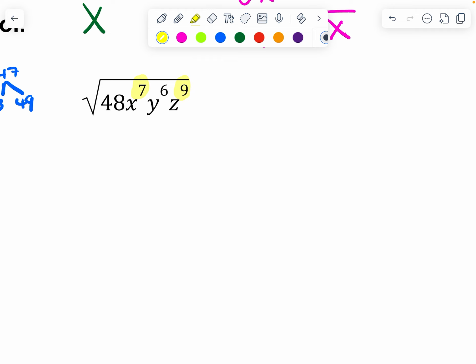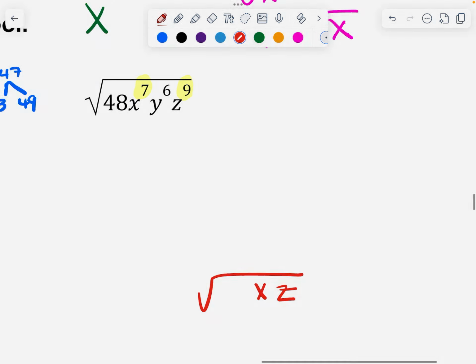Odd. So that means automatically, boys and girls, that at the end, I'm going to have an x and I'm going to have a z in my answer. I don't know what the rest of the problem is going to be, but I know for sure that I'm going to have an x and a z underneath the radical symbol. So let's look at this.